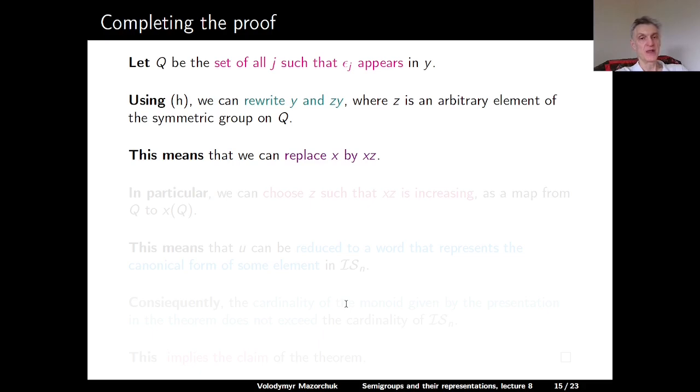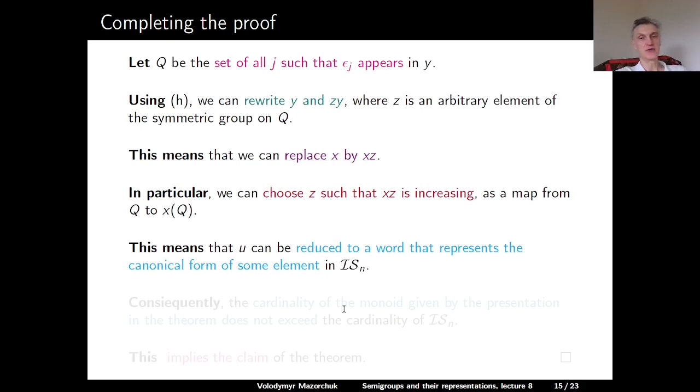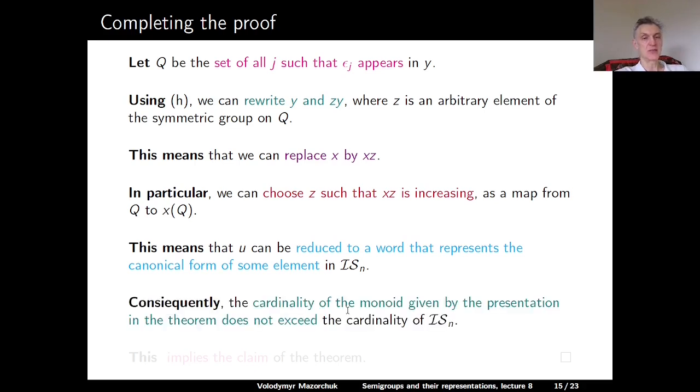In particular, we can choose z such that xz is increasing as a map from Q to x applied to Q. And this means that U can be reduced to a word that represents a canonical form of some element in ISn. Since the number of such canonical forms is exactly the cardinality of ISn, it follows that the cardinality of the semigroup given by our presentation is at most the cardinality of ISn.